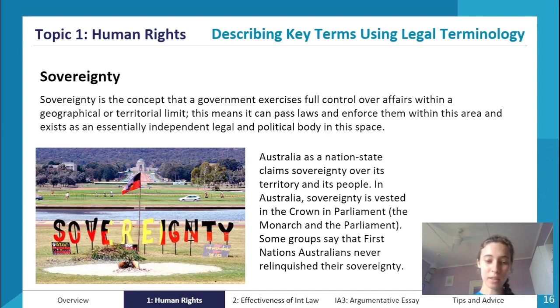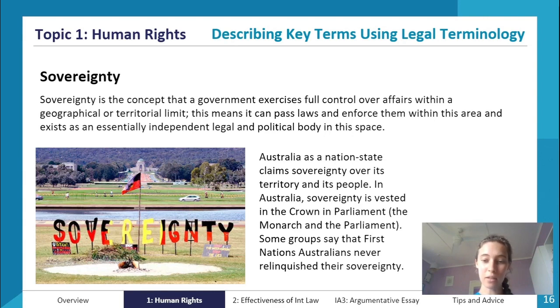So we can see their sovereignty with our First Nations flag. So Australia claims sovereignty, as we just said, over the territory and the people. But also, some First Nations Australians say that they never relinquished their sovereignty. So we do have that debate because of the history of Australia with what happened with our First Nations people.